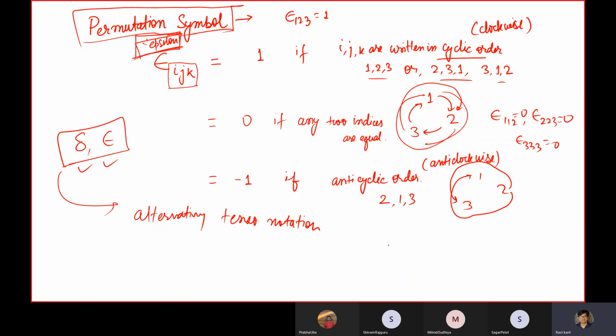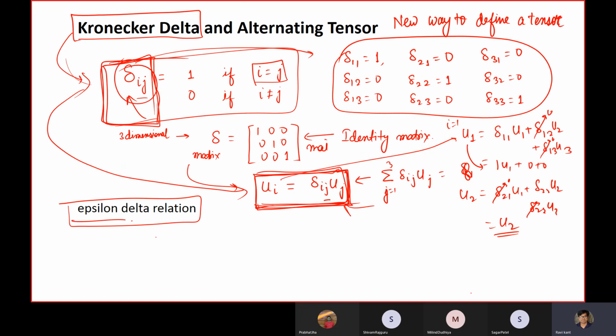Okay, so we have something called the epsilon delta relation as well. People have found out there is a relation between delta and epsilon. I'm not going to do the detailed proof for that, but let me write the expression.